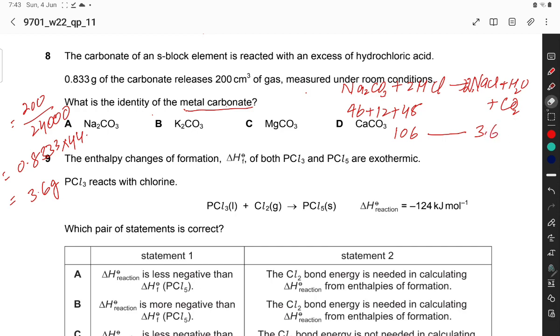Sorry, 44 gram carbon dioxide. So what would be the mass of, what would be the mass of 3.6 gram if 3.6 gram is released?